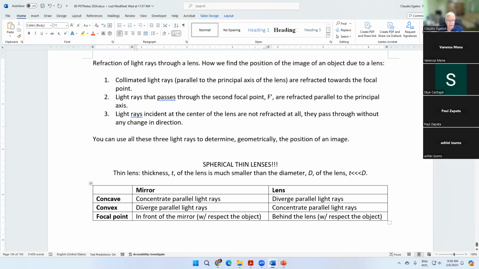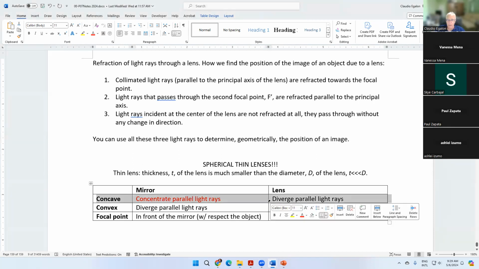A convex lens concentrates parallel light rays, right? I'm going to put that in the same color. We didn't cover concave lenses yet.